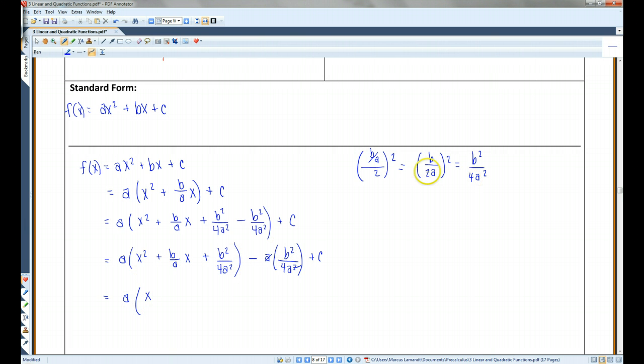And I'm also going to factor this. This is whatever it was before you squared it. Minus. Now, I'm going to get a common denominator.